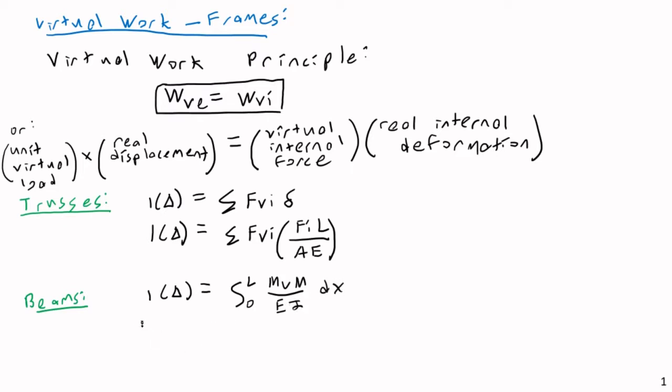This is what we use if we want the displacement at a point. If we want the rotation at a point, we use the equation 1 times theta, where we are applying a unit couple instead of a unit load. This is equal to the same integral from 0 to L of m_v, our virtual moment, times our real moment function divided by EI, integrated dx.